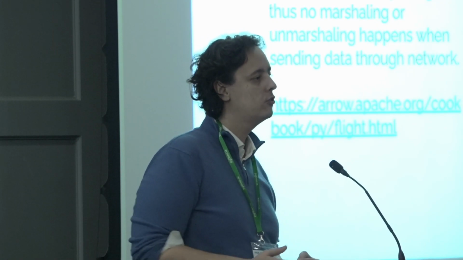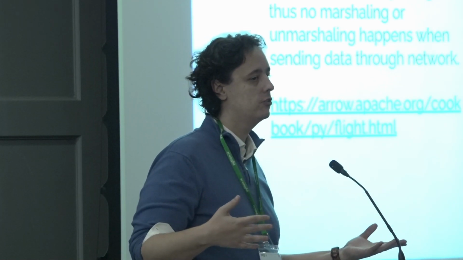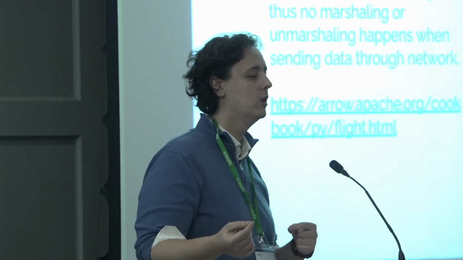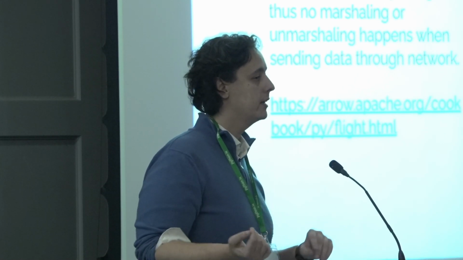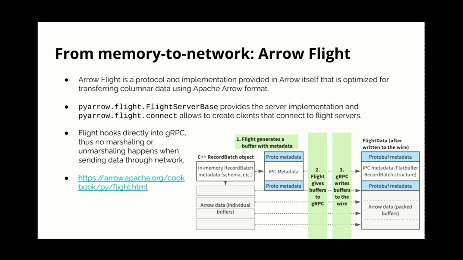So if you want to expose your data over a network between two or more processes or software that need to collaborate and ship data between each other, Flight solves that exact problem. I won't get too much into the details of how Flight works, but you might want to know that being inside the Arrow world itself, it's heavily optimized. The same concept that we have seen for the disk applies to the network.